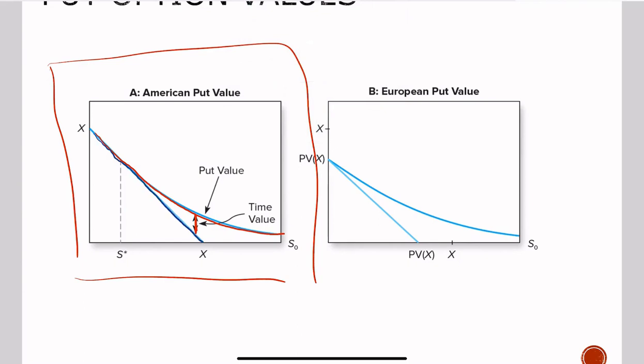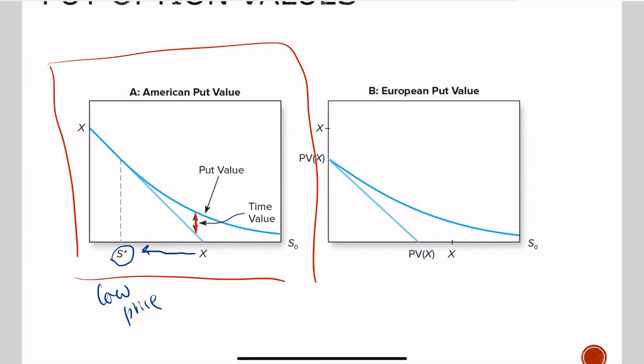What you can see here is as the stock price decreases, the time value shrinks. If stock price decreases to S star, which is a very low price, at this stock price, what you can see here is the intrinsic value line overlaps with the curve, which means here put value equals intrinsic value.